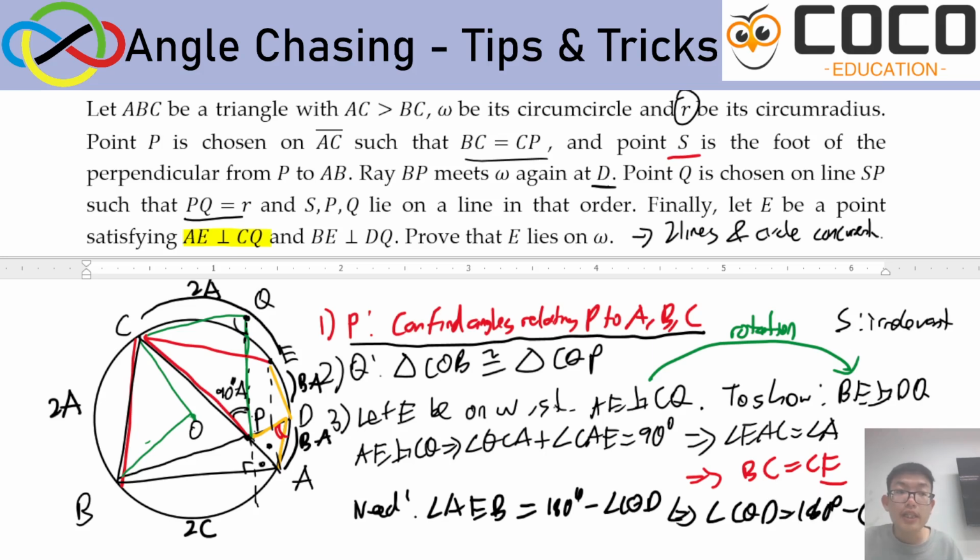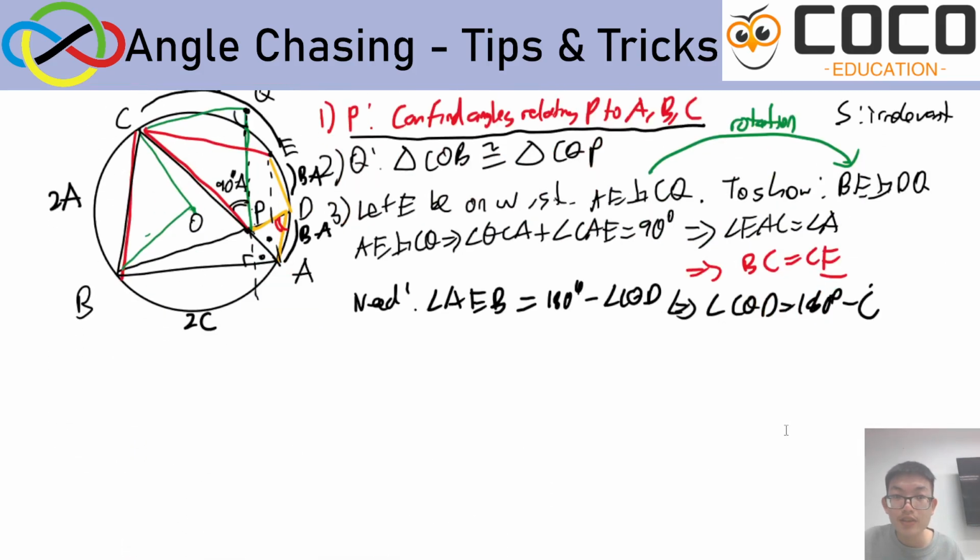And at this point, I think I don't really need the question anymore, so I am going to remove this split so that I have more space to write. So we don't need the question anymore. I can now say CQD is 180 minus C and ask myself, okay, how would that happen?